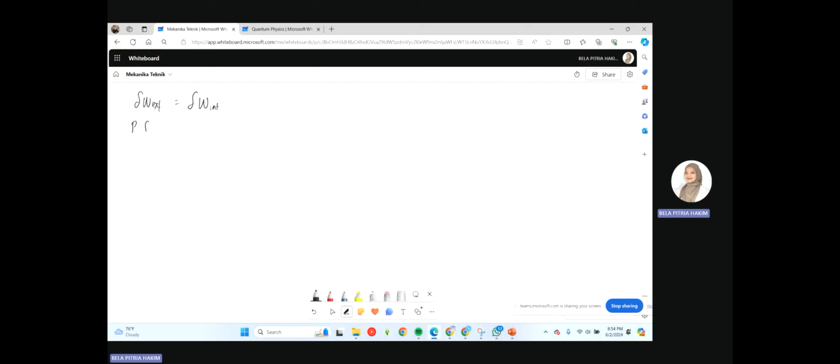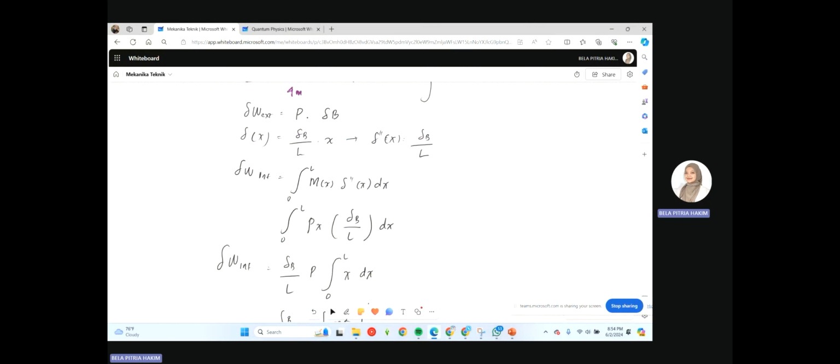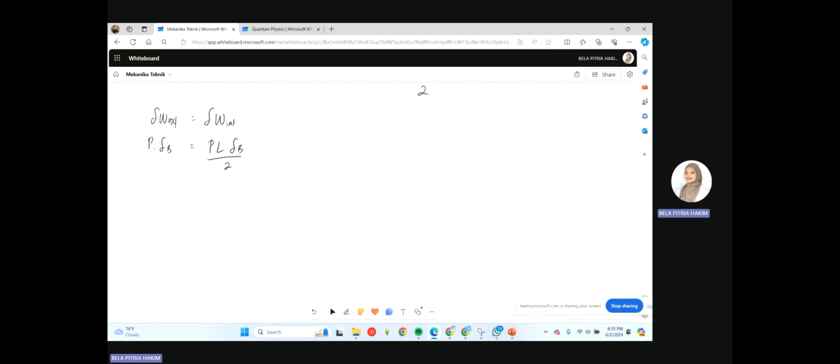So P delta B is equal to P L delta B per 2, that we already defined before, after this whole integration, and then we can simplify the notation.